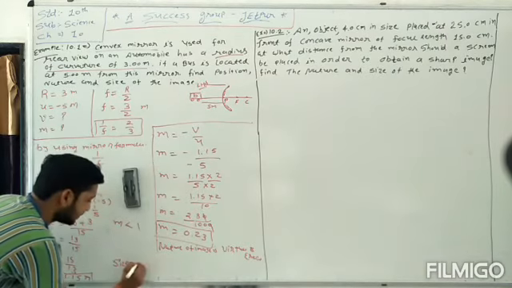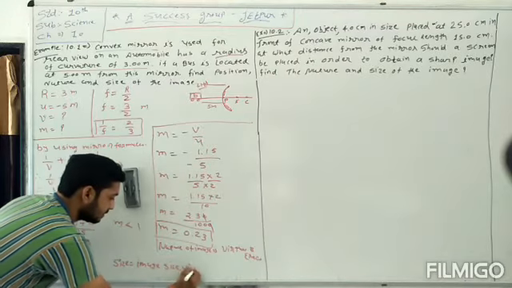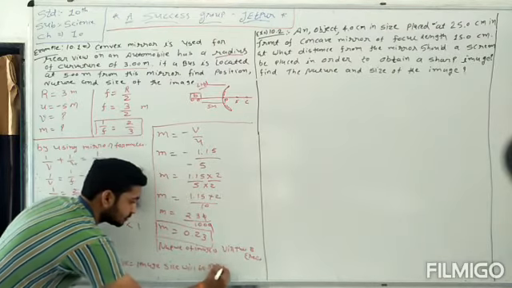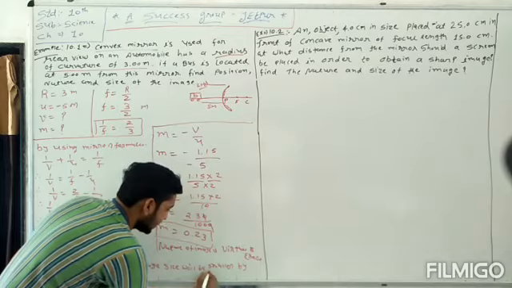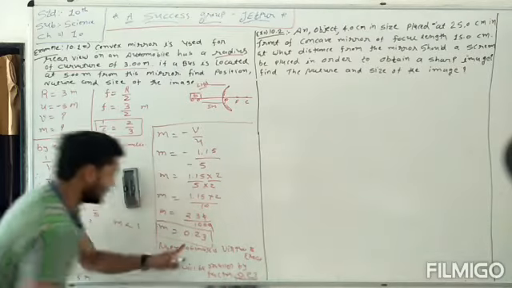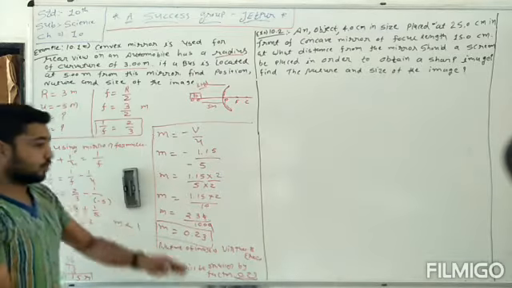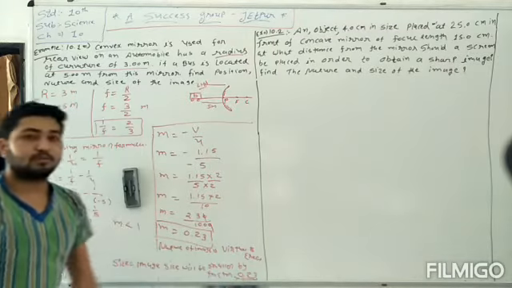So the image size will be smaller by a factor of 0.23. A factor is a ratio. So the image size will be smaller by a factor of 0.23.